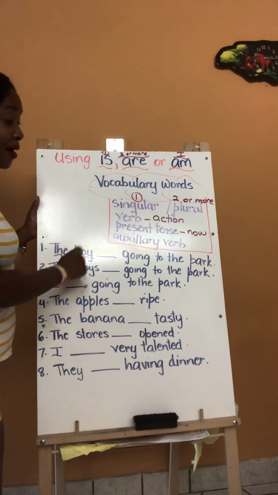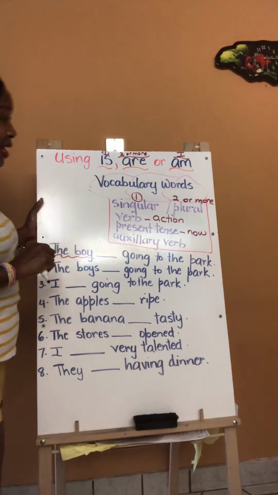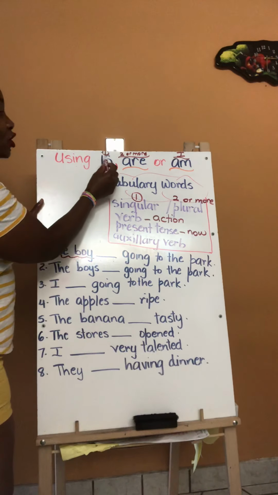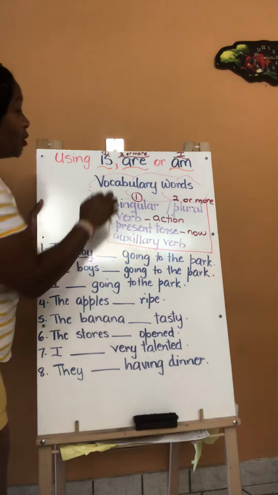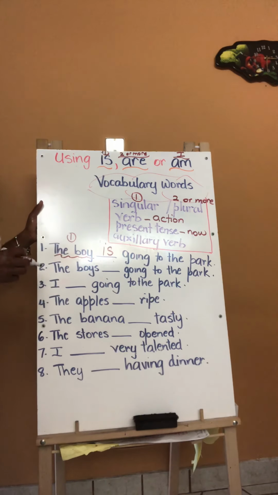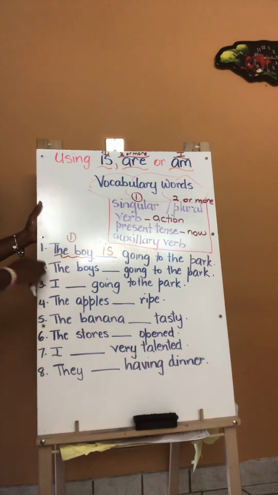It says the boy. How many boys? One boy. It simply means we need to look for the one that goes with only one, which is is. One boy is going to the park.